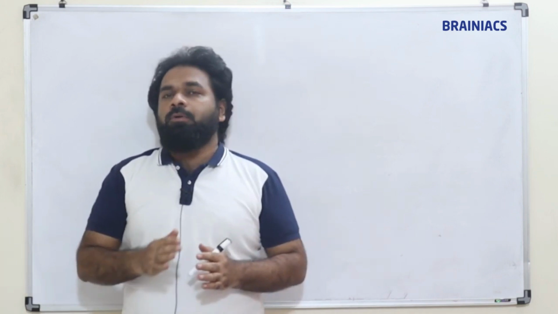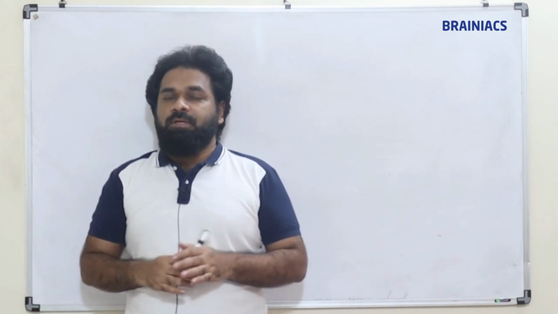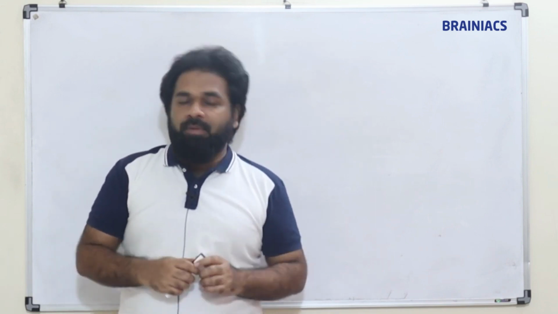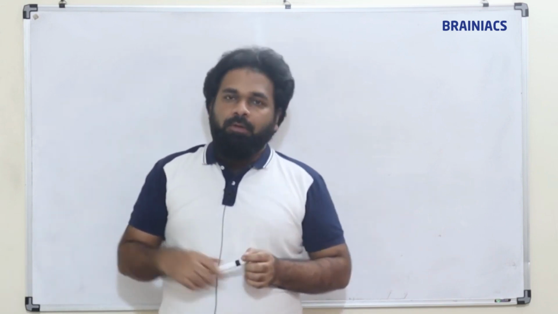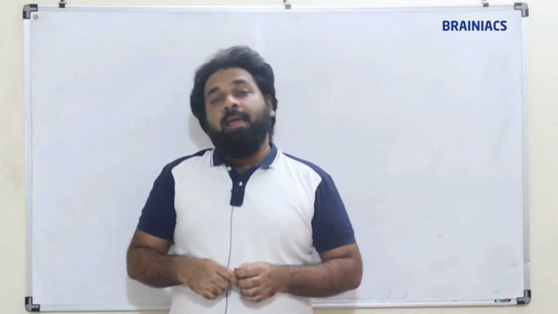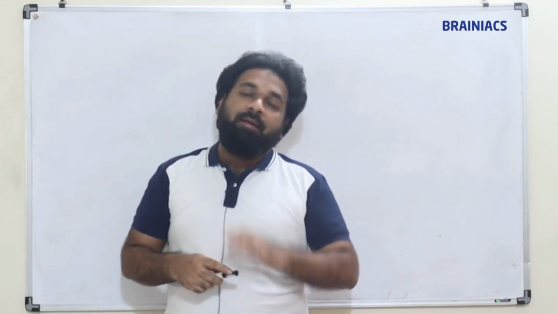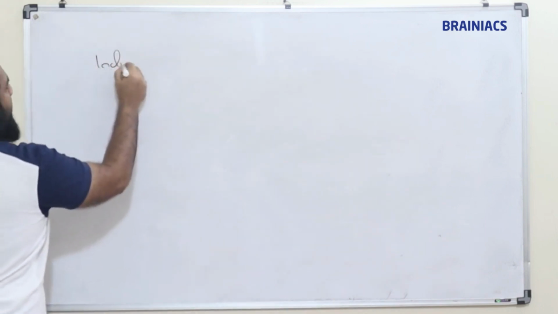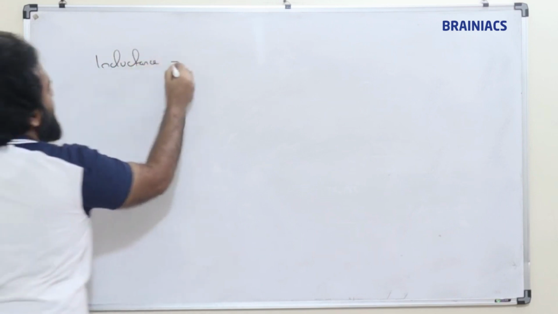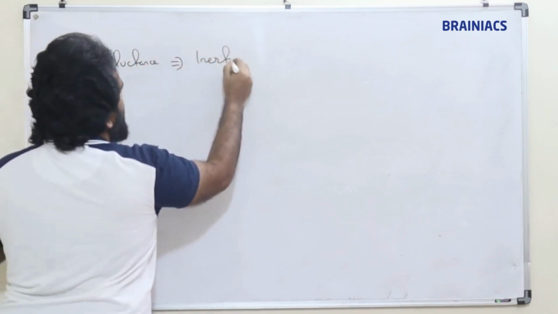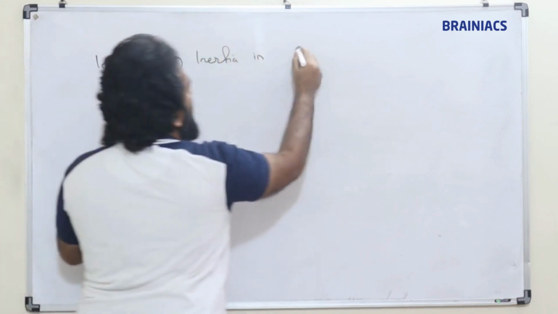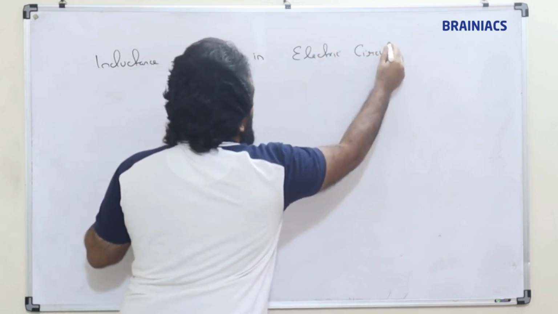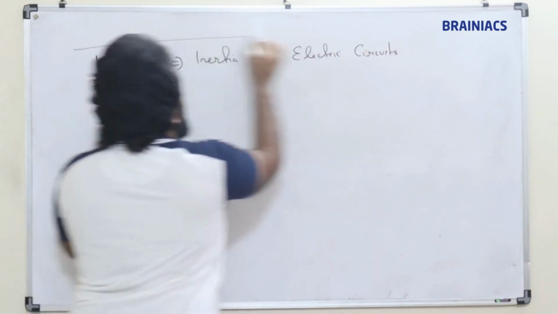Inertia doesn't allow the direction to change immediately, doesn't allow motion immediately, and doesn't allow stopping immediately. All these effects will be there. So this is the inertia in electricity. Electrical inertia is what an inductor is. So inductor or inductance is inertia in electric circuits. Remember this point also.